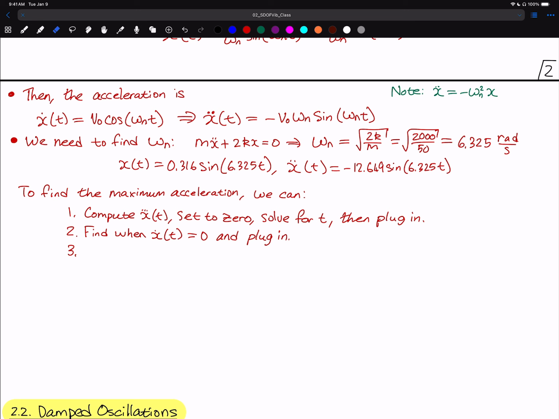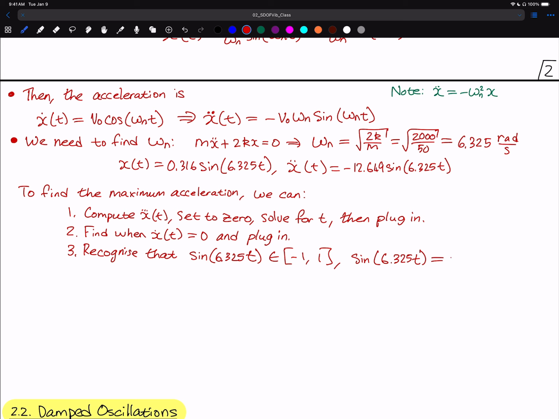So we can recognize that the sine of 6.325 t, we'll just say t m, that's the time of maximum, resides in the domain of -1 to 1, such that the sine of 6.325 t must be equal to either -1 or 1.